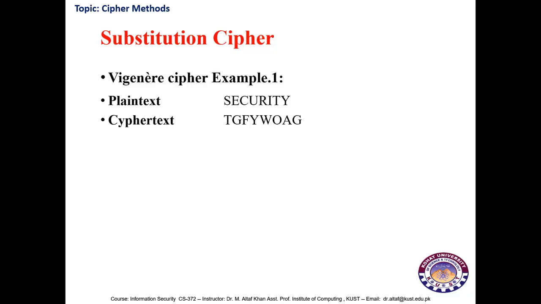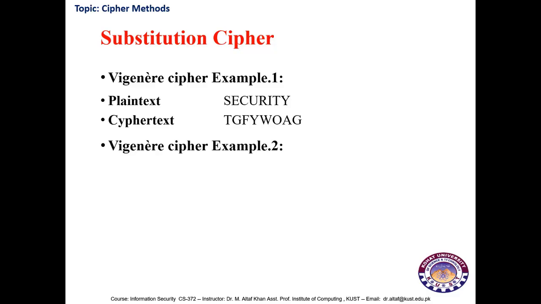So we will replace the next letter, which comes in position number 3, C, with F, as in row number 3, the equivalent of C is F in the Vigenere cipher. So we will follow the same method for each letter, and the plain text security will be replaced with the cipher text T, G, F, Y, O, A.